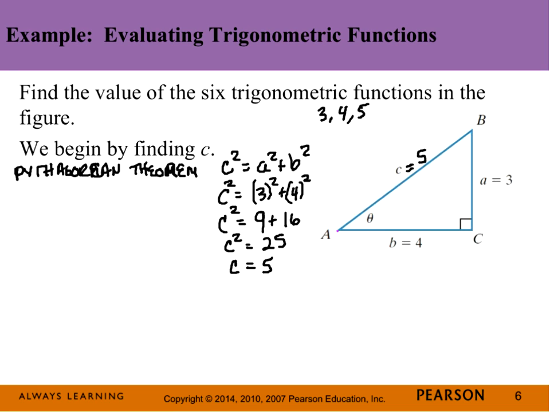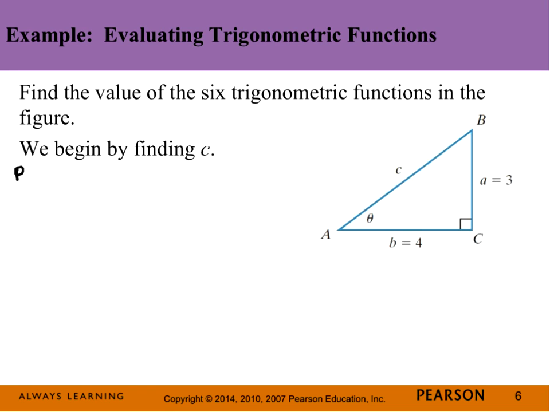All right, I'm actually going to clear this off so that I have room to calculate the trigonometric functions here. I'm going to line them up with their corresponding inverse. So we have sine of theta, and its corresponding inverse is cosecant theta.